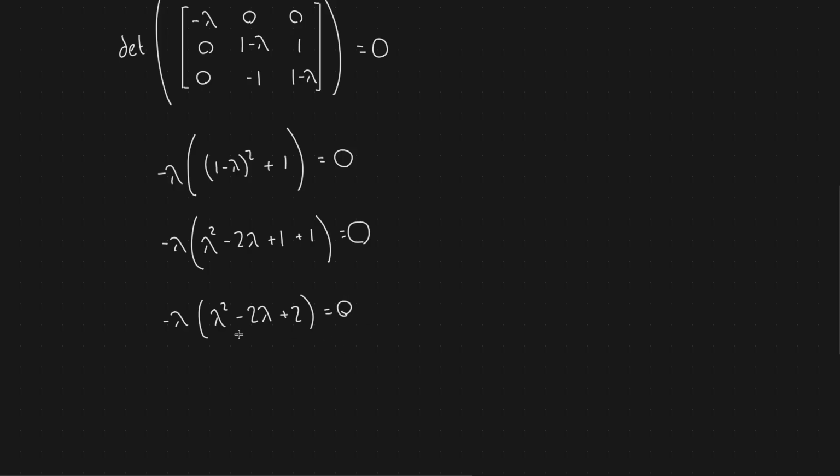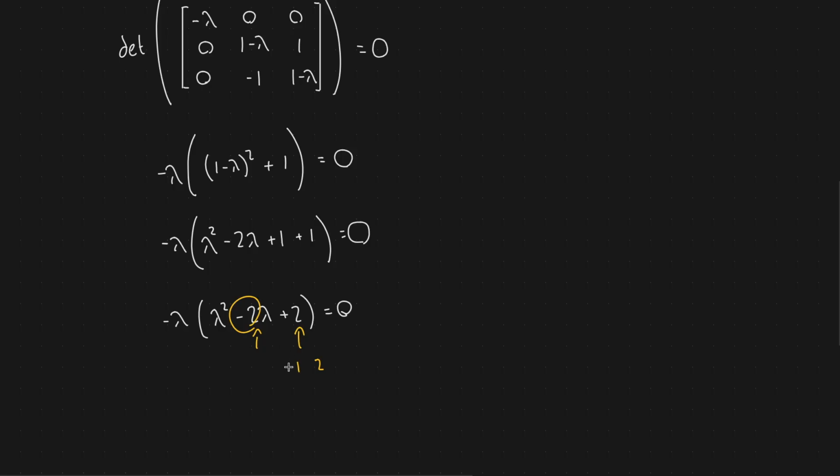Now, ideally, we'd like to be able to factor this further. But if you think about it for a minute, this is not a quadratic expression that is easily factorable. I would need two numbers that multiply to 2 and add to -2. Well, the numbers that come to mind that multiply to 2 have to be 1 and 2, right? And I can't add or subtract 1 and 2 to get -2.